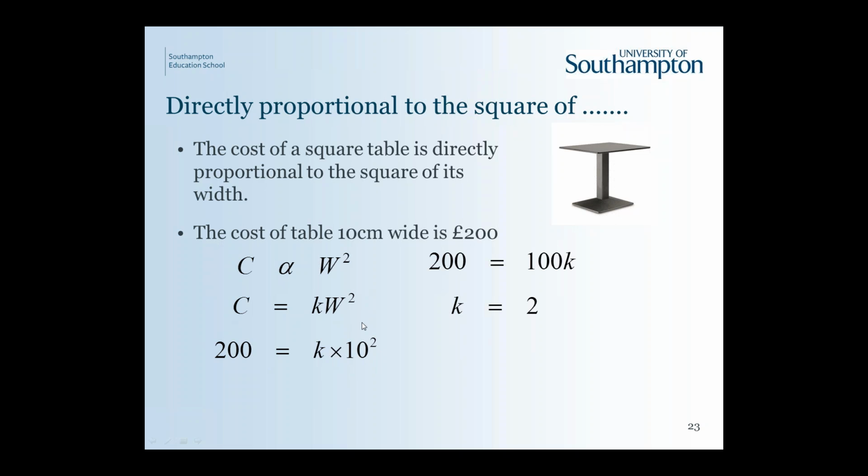They can't just leave it there. They need to write C equals 2w squared. Often students get to the end and think, okay, I've finished, I found k, and forget that the reason for finding k was so that they could write down the equation.